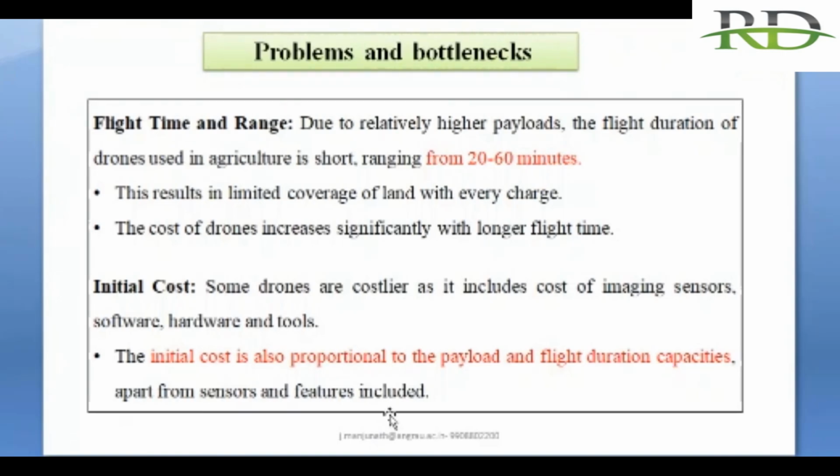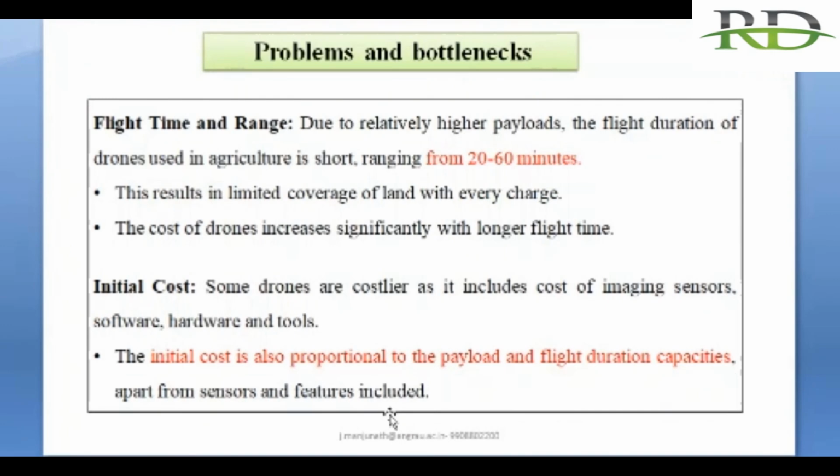The flight time is only 20 to 30 minutes. It is short range. We have to replace the battery every time, bring the drone down to the ground, and also refill the water, which is somewhat of a problem. We are almost using long flight time batteries also.